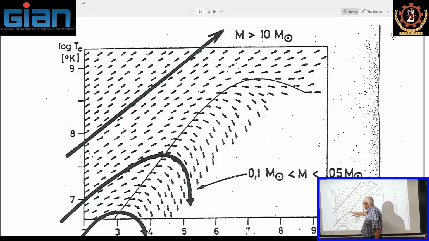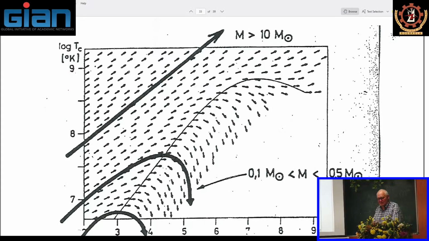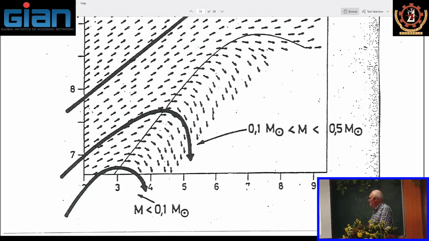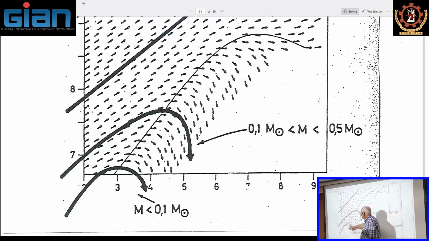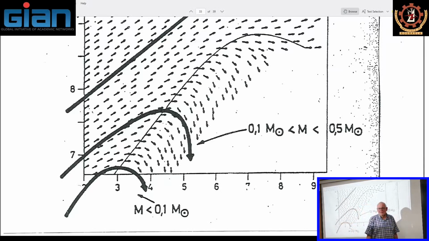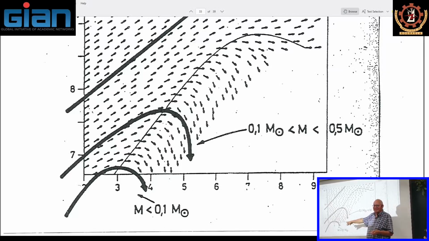If the mass is smaller, then this maximum is reached earlier. So for masses smaller than 0.1 solar masses, it's reached before the temperature of 10^7 K is reached. What does it mean for a 0.1 solar mass star?